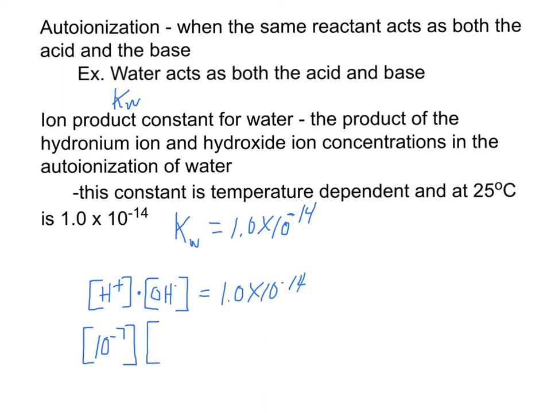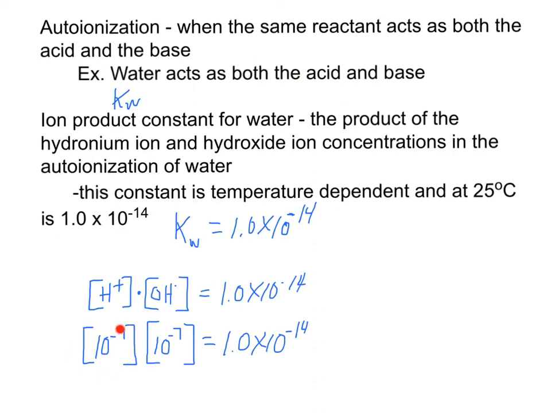So that's 1 times 10 to the minus 7th moles of hydrogen ions produced per liter of solution at 25 degrees Celsius, which would mean an equal amount of hydroxide ions, 1 times 10 to the minus 7th, which is going to give us 1.0 times 10 to the negative 14th.